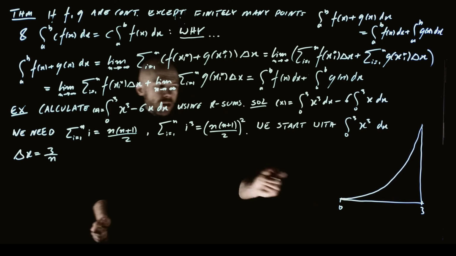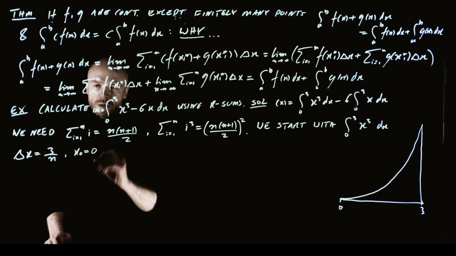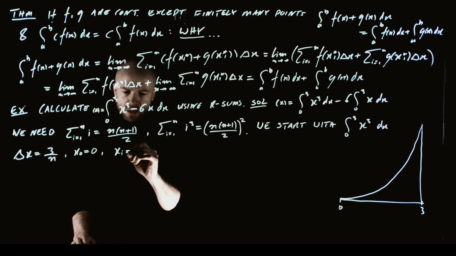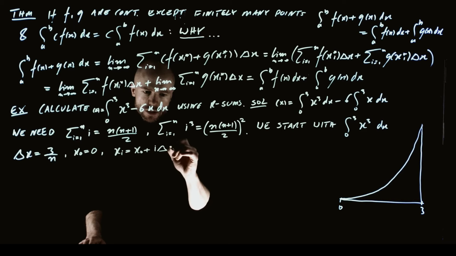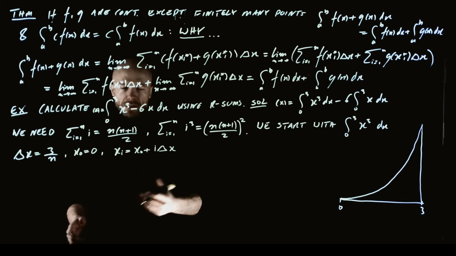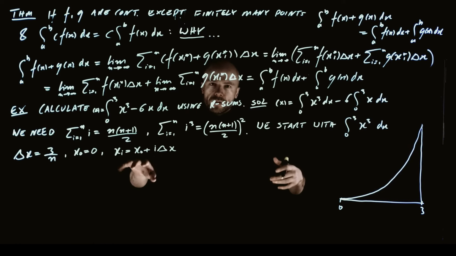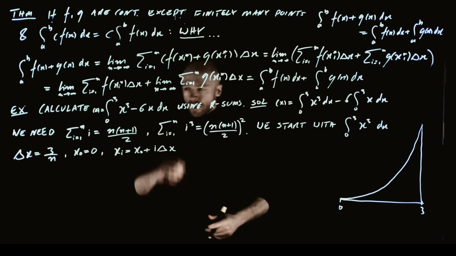We know that the leftmost endpoint x0 is equal to 0, and we've seen already that xi is equal to x0 plus i times delta of x. So I'm going to write this in the most general form, and then we're going to put in specifically what we know these things are as we get along with this process.